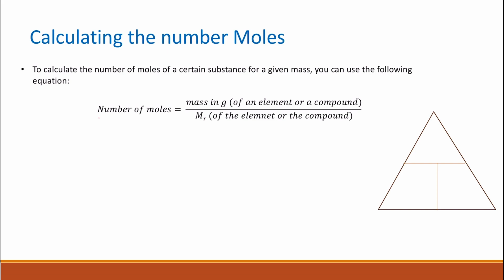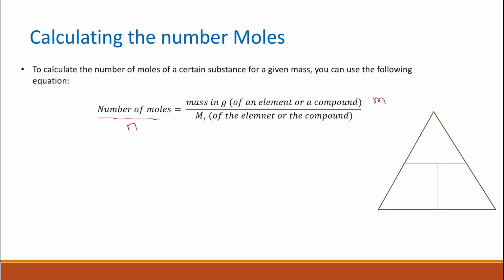The number of moles, which we're going to refer to as n, equals the mass of the substance, which we're going to give the symbol m, divided by the relative formula mass or relative atomic mass for the element or for the compound.